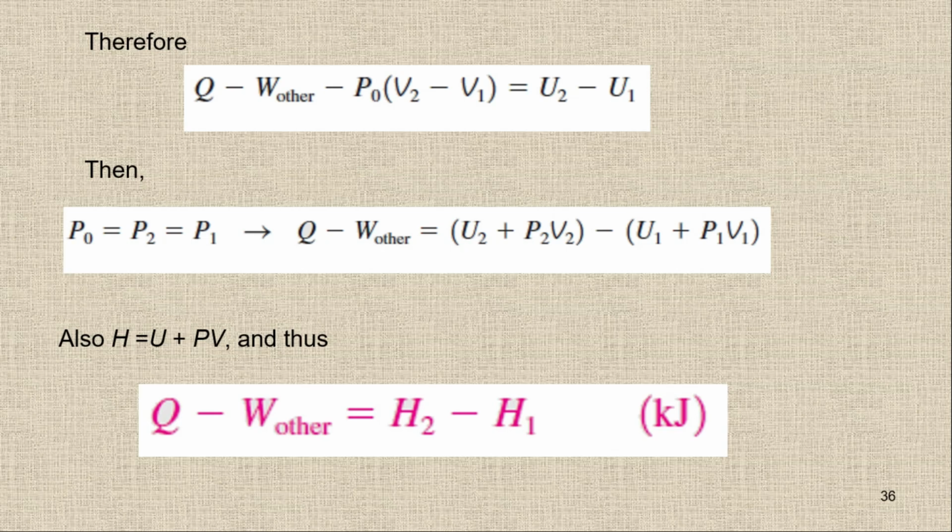This is the relationship where I can show that the boundary work and the internal energy can be combined, and we can write the equation in terms of enthalpies.